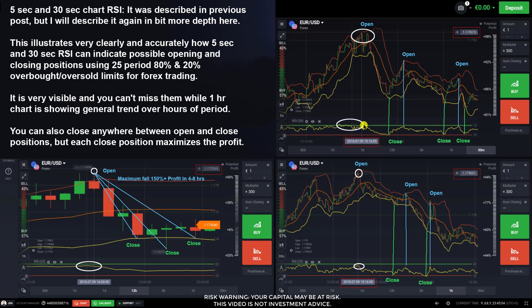So that's the best place to open a position. Now it will reverse. It is a very obvious signal, and it is very promising.